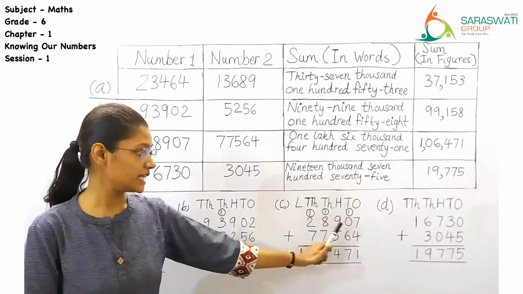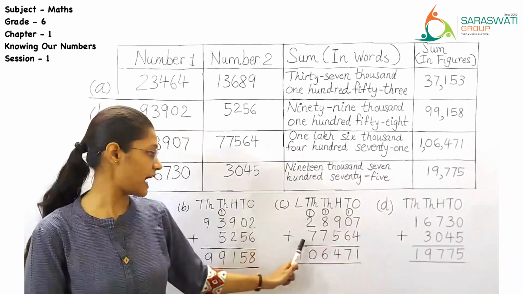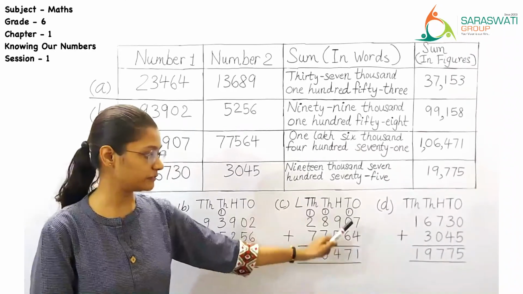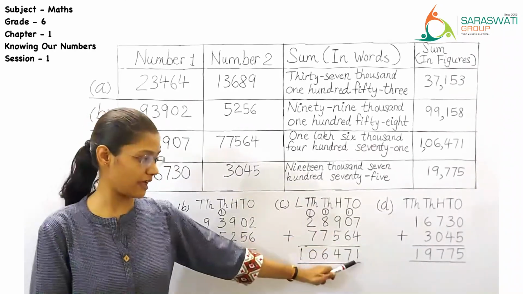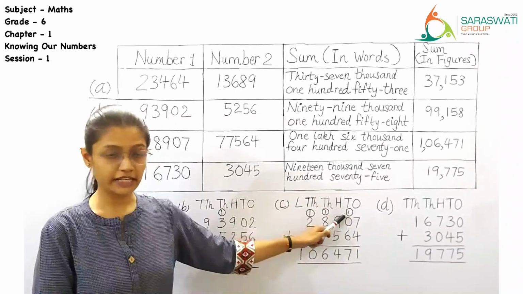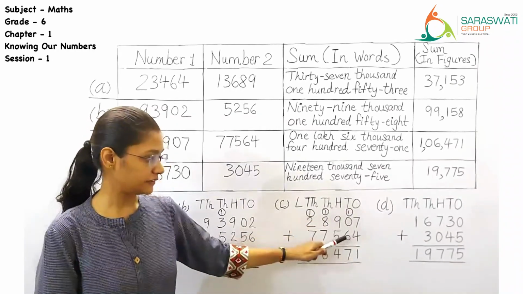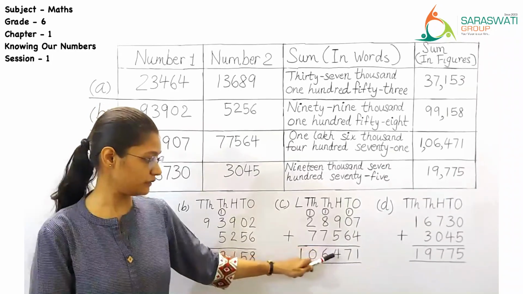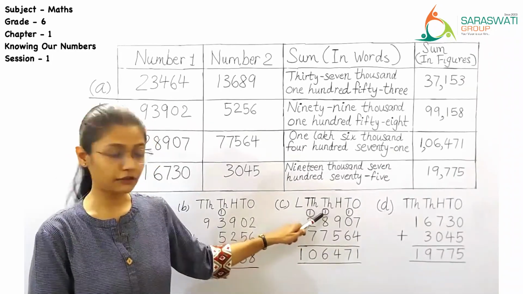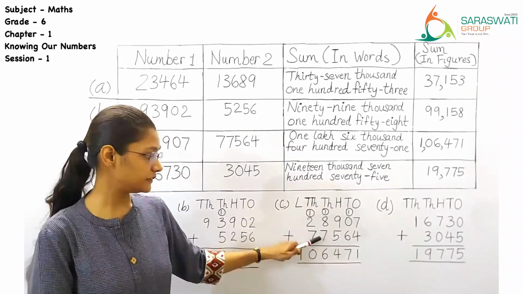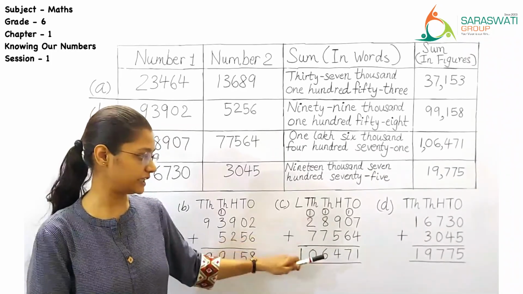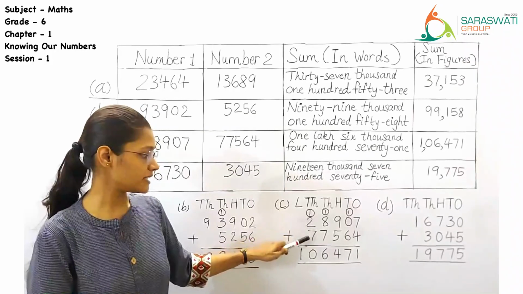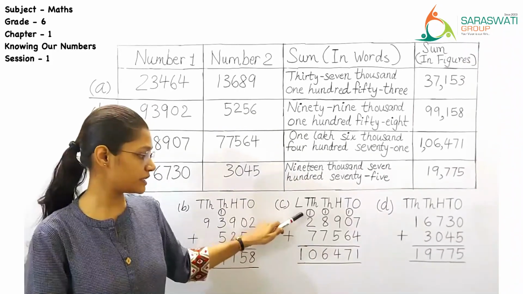Now the third addition operation. 28,907 add 77,564. Starting from the ones place, 7 add 4 is equal to 11. So 1 carry over to the tens place. 0 add 6, 6 add 1, 7. Then 9 add 5 is equal to 14. So 4 and 1 carry over to the thousands place. 8 add 7 equal to 15. 15 add 1, 16. So 6, 1 carry over to the 10,000s place. Then 2 add 7 equal to 9. 9 add 1, 10.